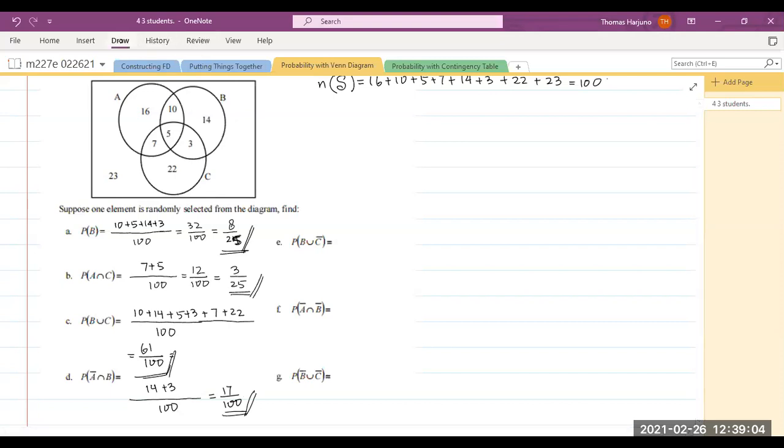Part E. How about the probability of selecting from B or outside of C? Now, because it's an or, as long as you shade it once, you count it in.